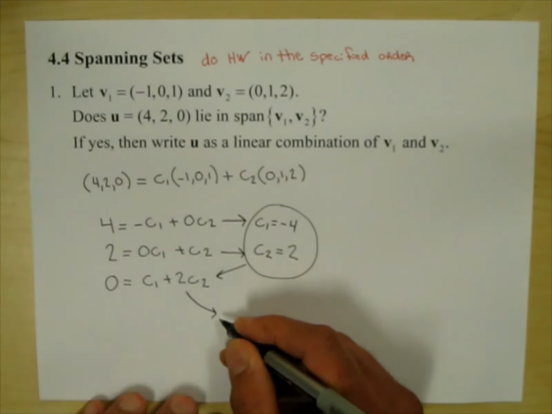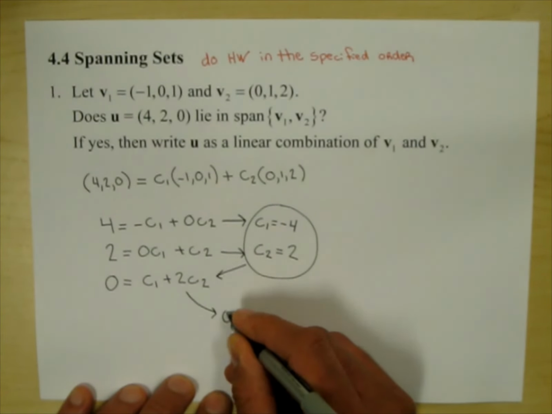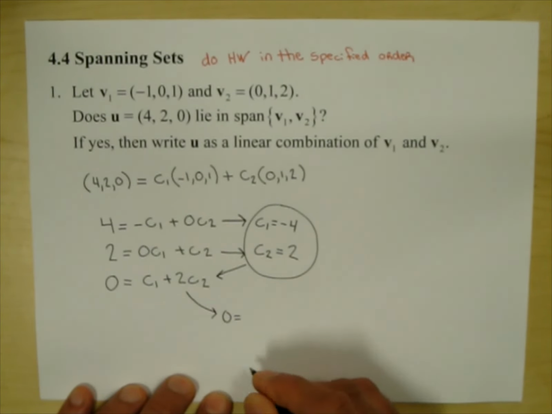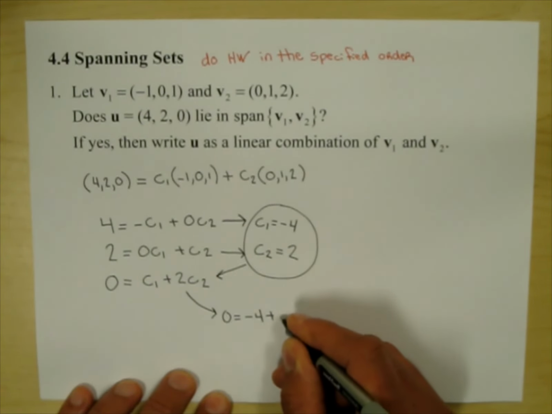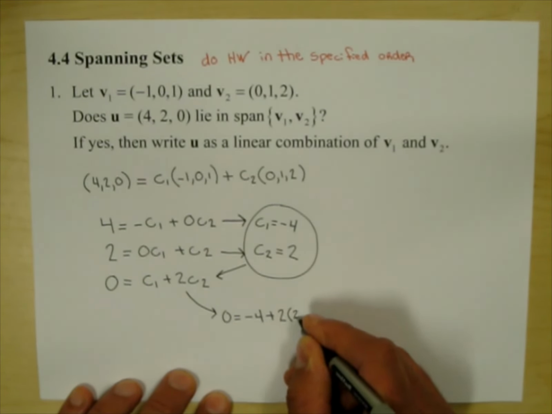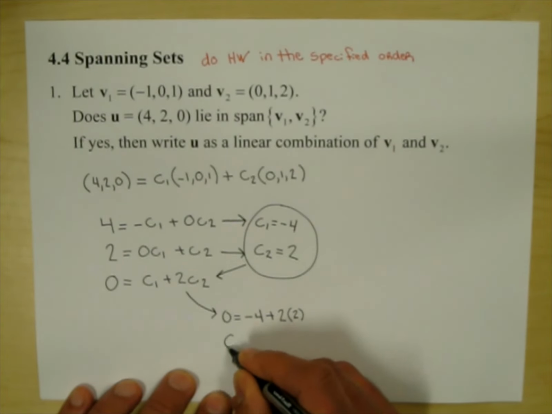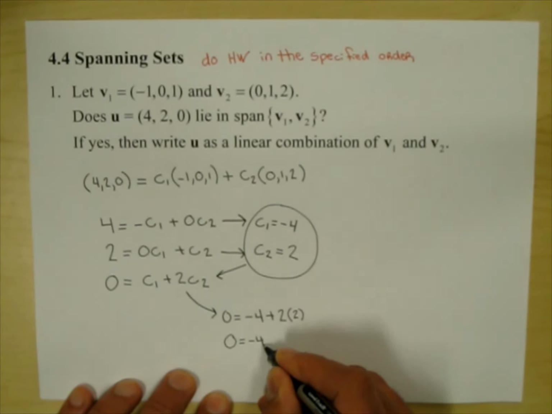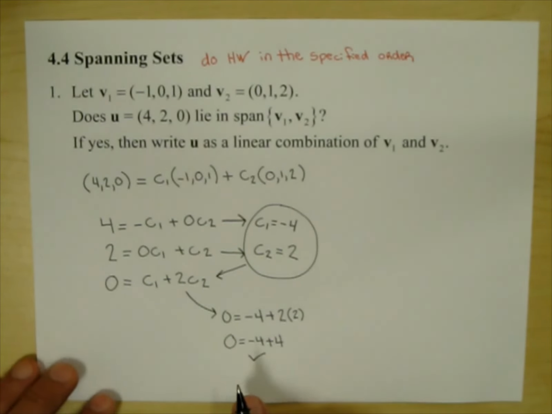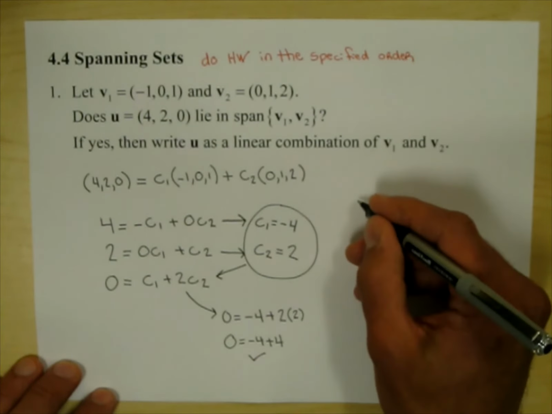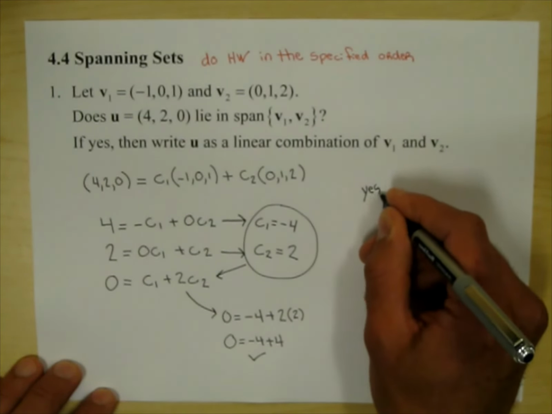So let's see if it does. I have 0 equals C1, which is -4, plus 2 times 2. So this is 0 equals -4 plus 4. And that does work, which means the answer is yes.